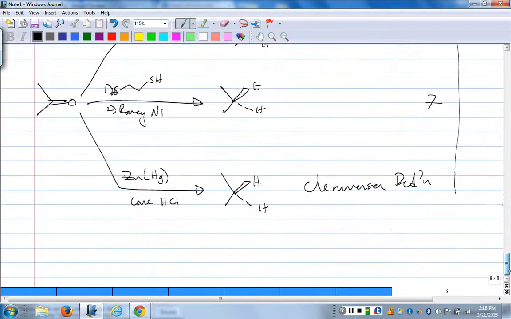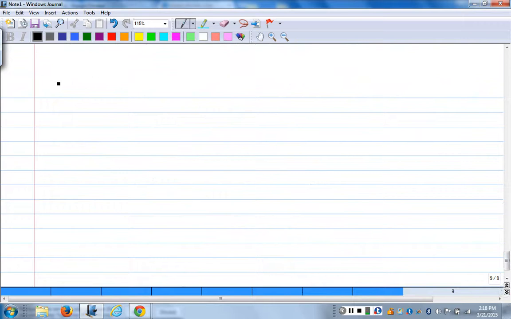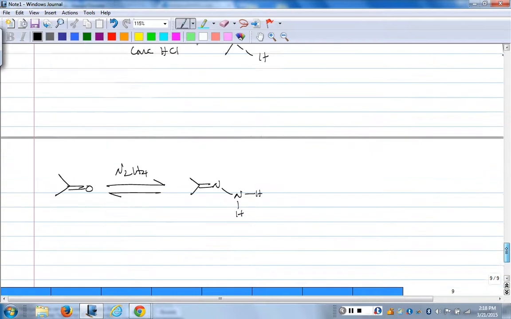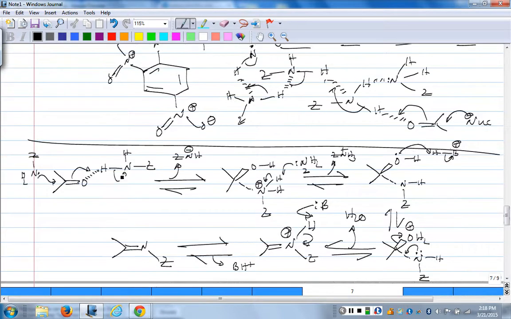So we're going to look at this mechanism, but we're going to stipulate that starting from the carbonyl, in the presence of hydrazine, we're going to generate our hydrazone. We take this as a stipulation because we looked at the mechanism earlier on. Of course, there are multiple steps in this. Those steps are these steps, except instead of writing a Z, I'm going to write NH2.